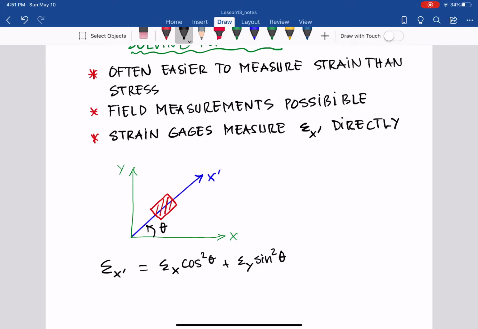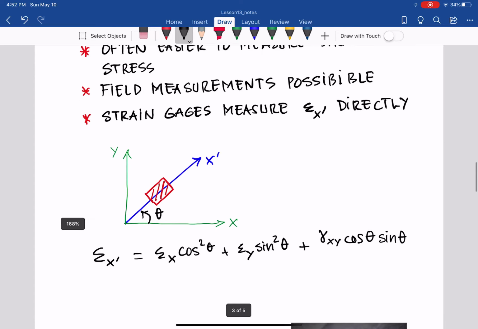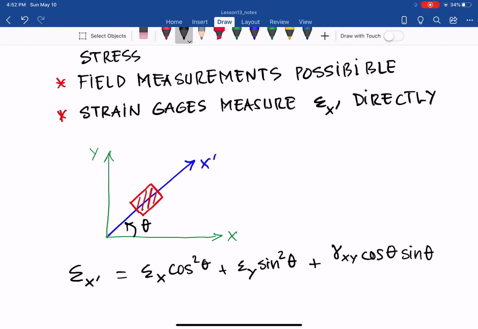But 2 tau becomes gamma, because tau is gamma xy over 2 by analogy, if you remember. So it will be gamma xy cosine theta sine theta. And with that, as you can see, with one strain gauge, we only have one reading, epsilon X'. But in this equation, we have three unknowns: epsilon X, epsilon Y, and gamma XY.